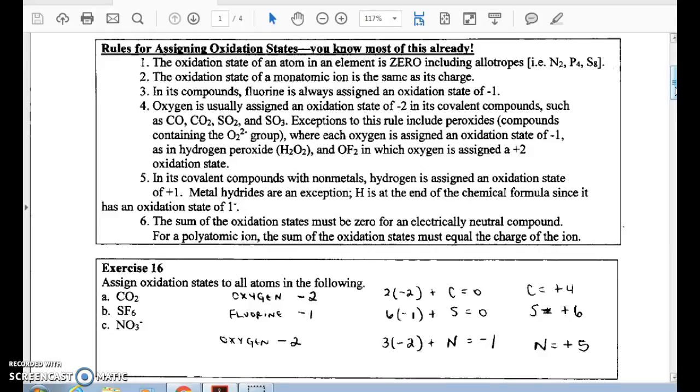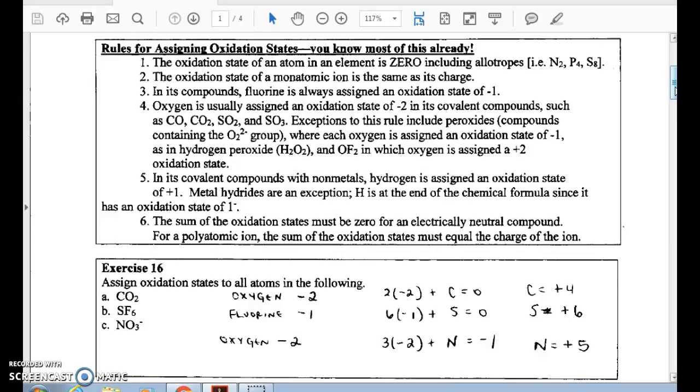In A and B we have neutral molecules of covalently bonded substances, carbon dioxide and sulfur hexafluoride. And in letter C we have a polyatomic ion. Within the polyatomic ion, the nitrogen and the oxygen are sharing electrons, and then that whole cluster of atoms has a charge which could then participate in ionic bonding.